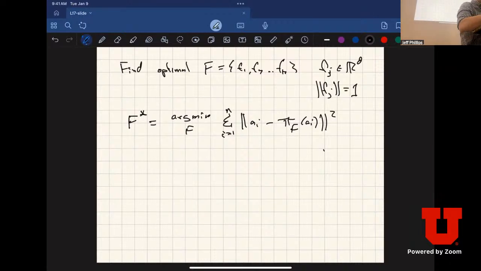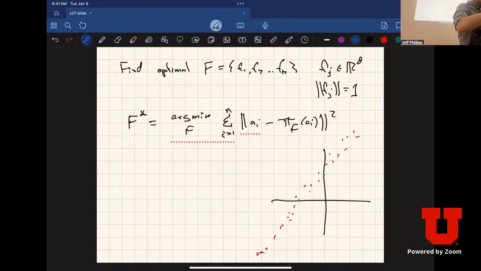The problem is that you can think of having data set that looks like this. Okay, what's going to happen is the SVD will find V1 here and V2 here. And let's say I want to project it onto a one-dimensional subspace.